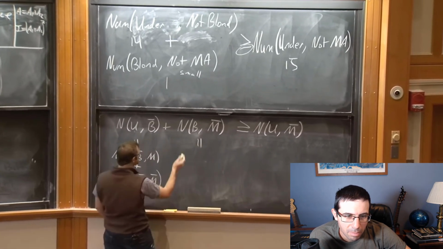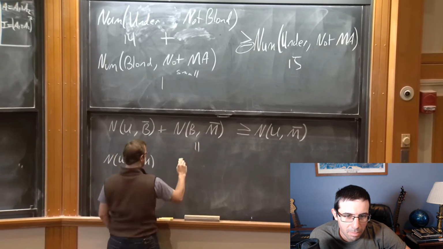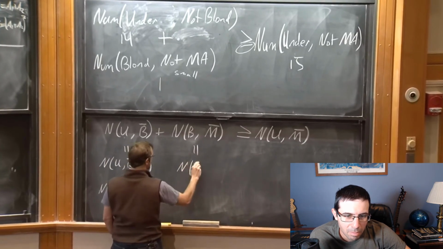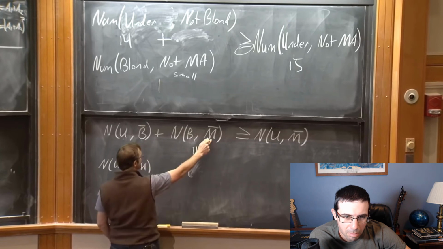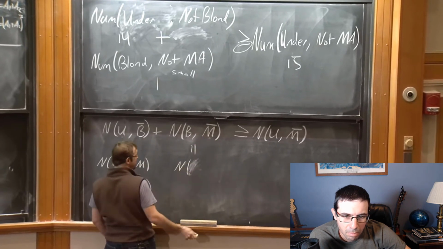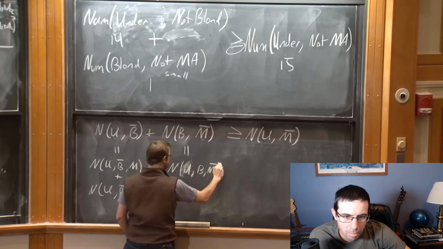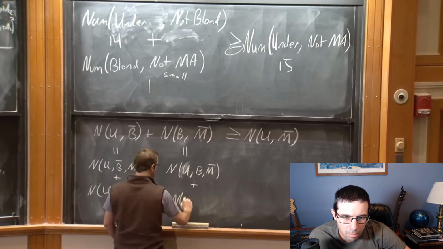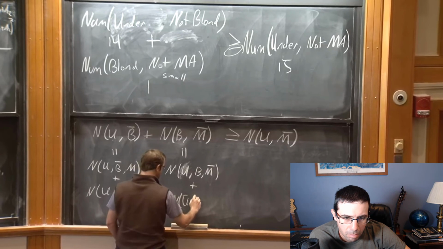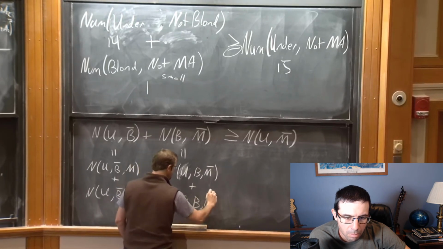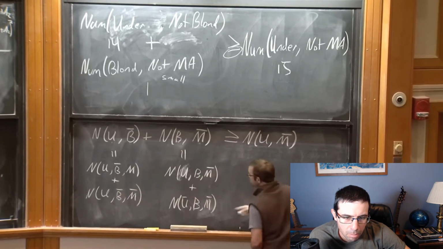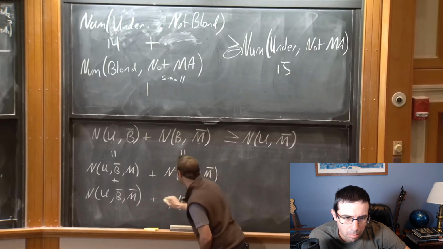So similarly, if you're blonde and not from Massachusetts, you may or may not be an undergraduate. So this is the number of people who are undergraduates, blonde and not from Massachusetts, plus the number of people who are not undergraduates, are blonde, and are not from Massachusetts. Adding these two together gives us plus and plus.